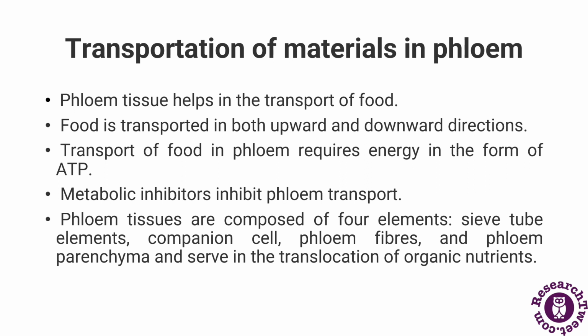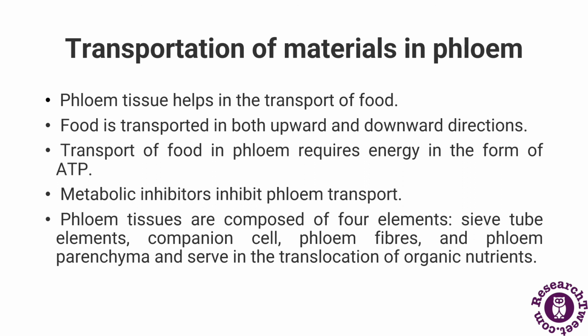So phloem tissues are composed of four elements, as discussed in the previous slides: sieve tubes, companion cells, phloem fibers, and phloem parenchyma, and they help in the translocation of organic nutrients. The main function of phloem is to transport food in both the upward and the downward direction.